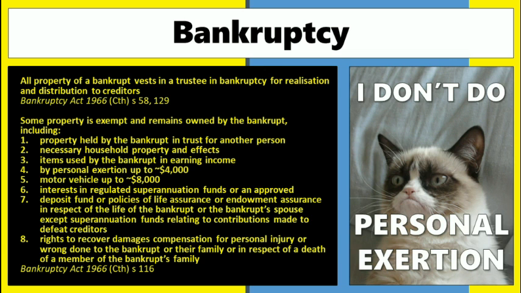Also, property that's held on trust by the bankrupt for another is exempt from bankruptcy. It won't vest to the trustee. Certain superannuation funds, life insurance policies, and certain types of long-term deposits won't form part of those pooled assets that get vested in the trustee as well.